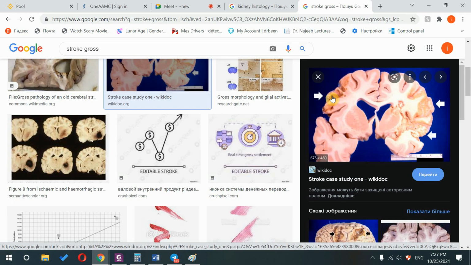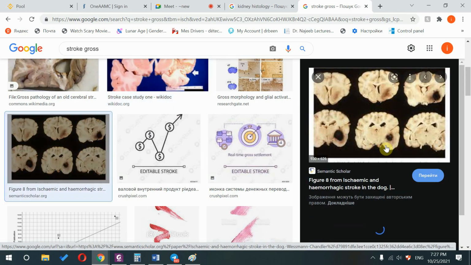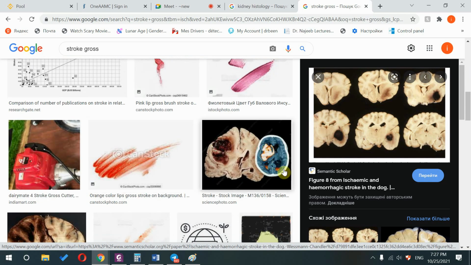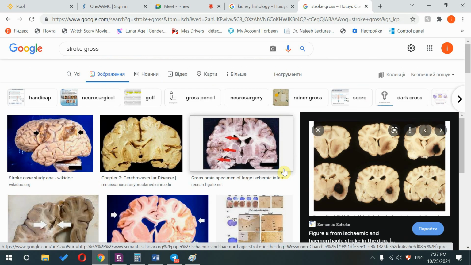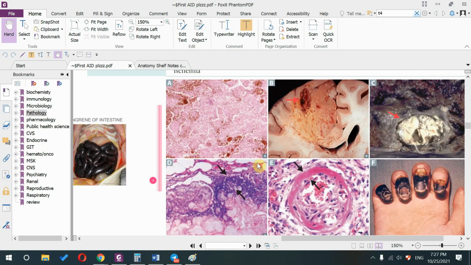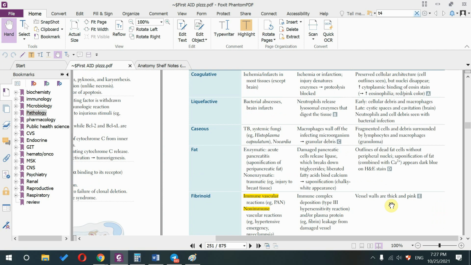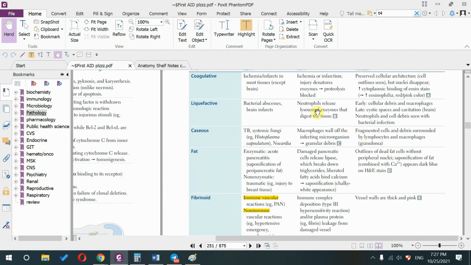Here it is on the brain, all over the place. Here it's affecting the hippocampus even. It's an infarction in the MCA. In the near future, you will be able to look at the CT and differentiate which exact artery is occluded. Okay, so that's liquefactive necrosis, and there are early signs and late signs.